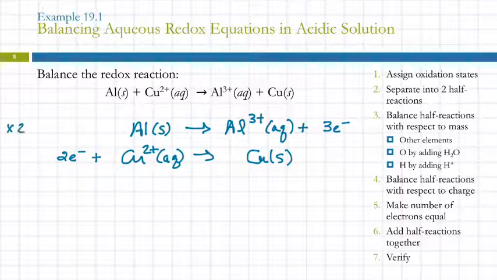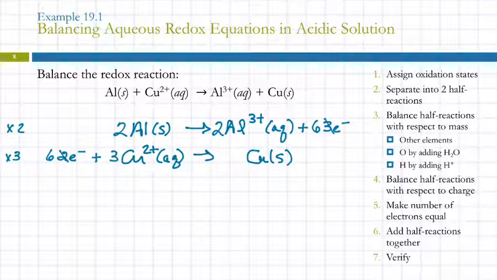So for this one, I'm going to go times 2. So that's 2 aluminums and 2 aluminum ions, and I multiply this by 2 and I get 6. The bottom, I'm going to multiply by 3. Multiply 2 electrons by 3 and I get 6.